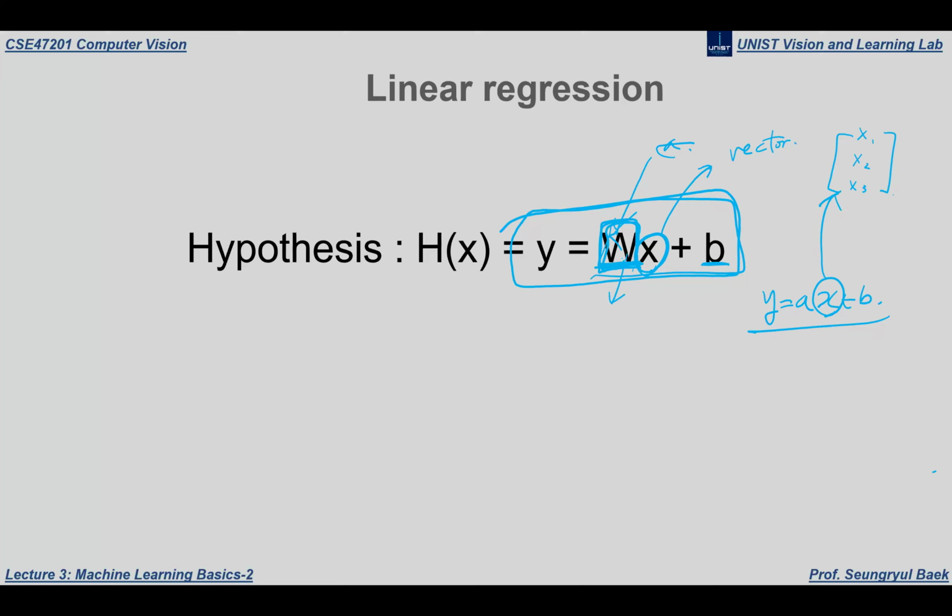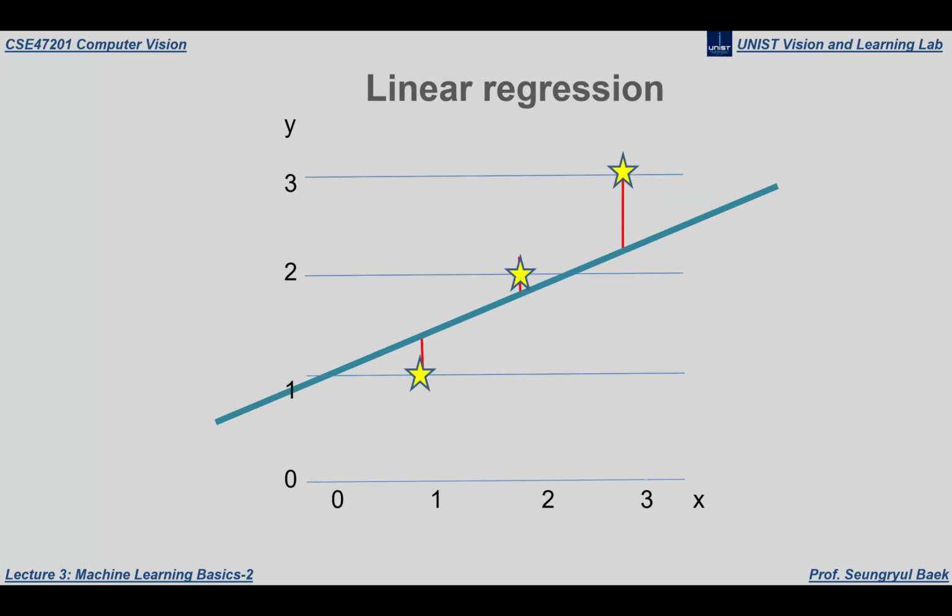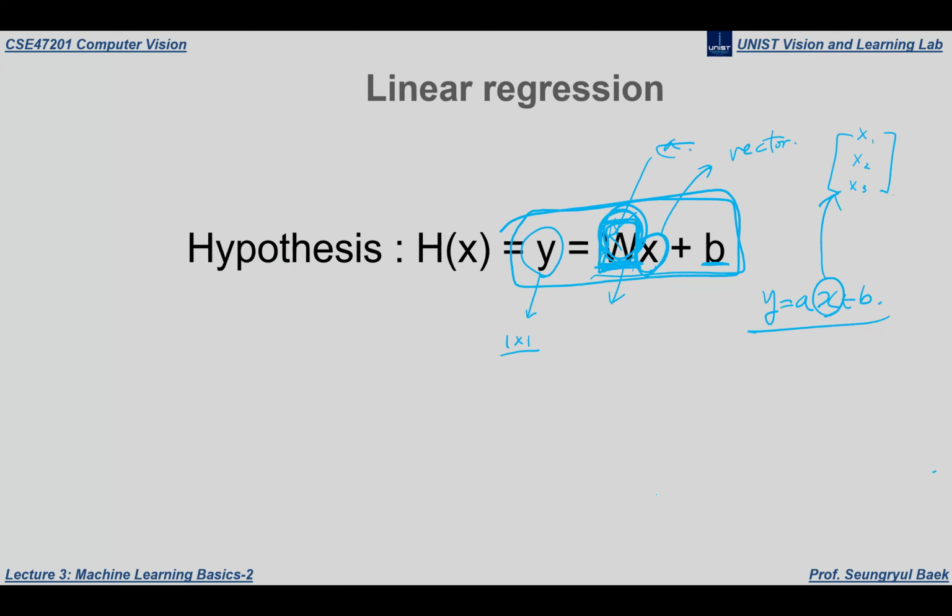That's why we normally call this W. W can be some array. Anyways, y is also a 1 by 1 value. This is the formula that we usually use to map x to the y, and b is also a scalar value.